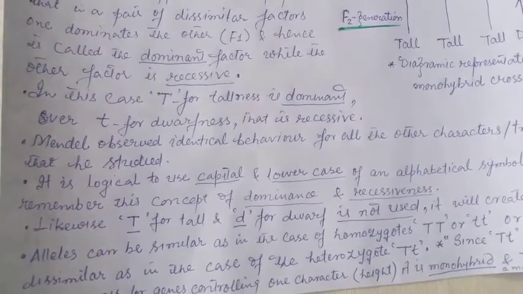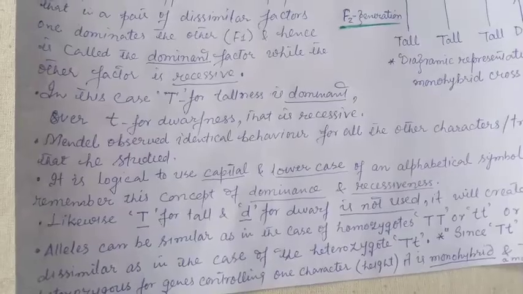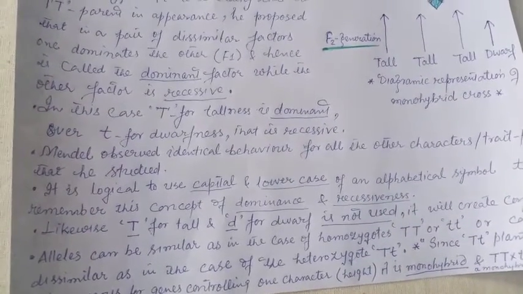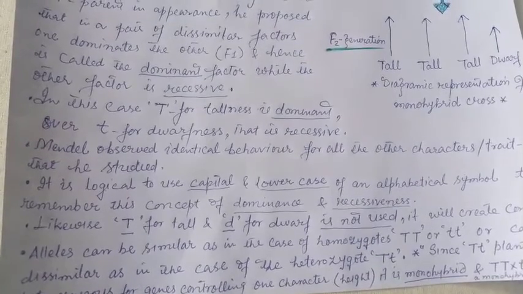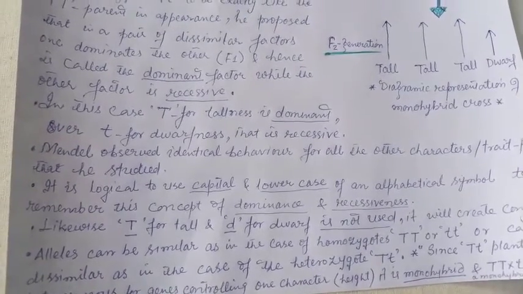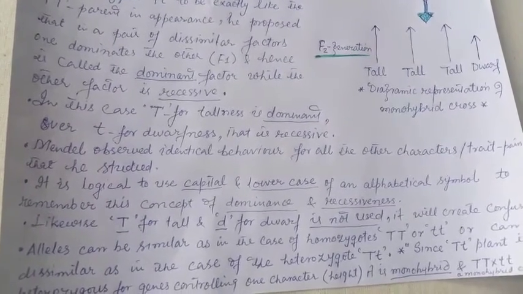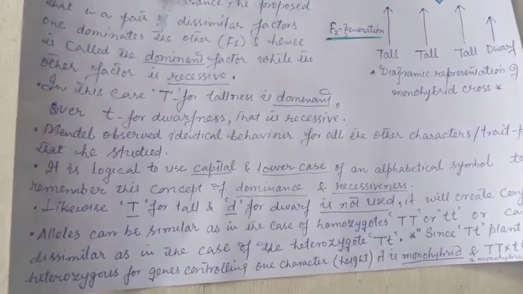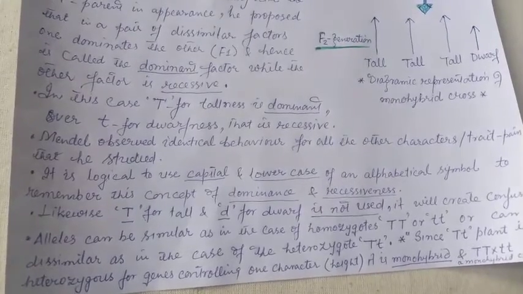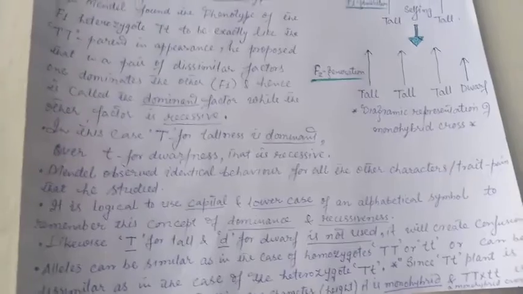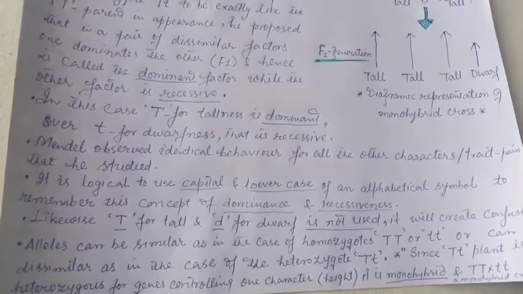Remember this concept of dominance and recessiveness. Logically, we use the capital and the lowercase of an alphabetical symbol to remember this concept of dominance and recessiveness. Likewise, capital T for tall and small d for dwarf is not used. It is not convenient. It will create confusion.